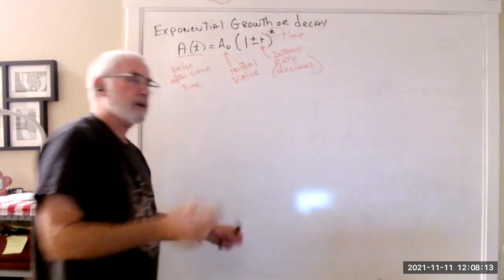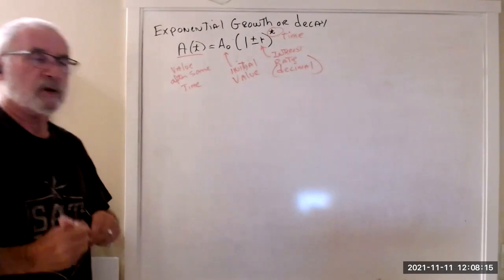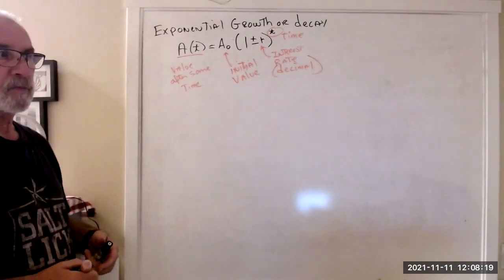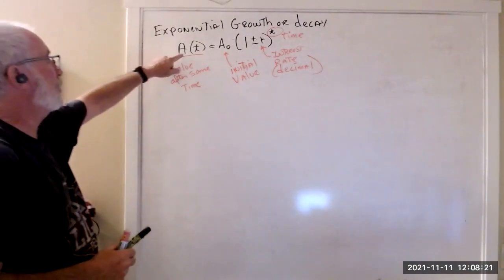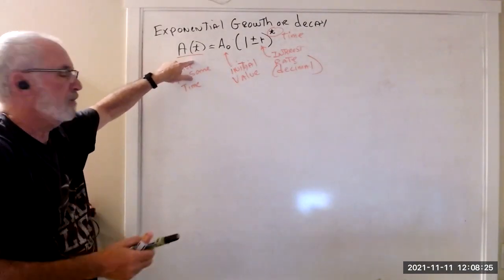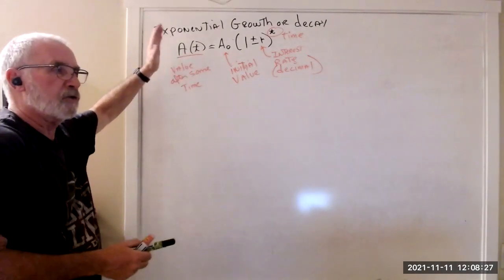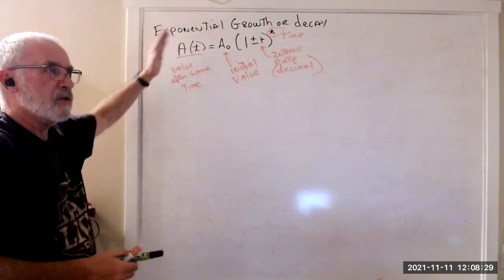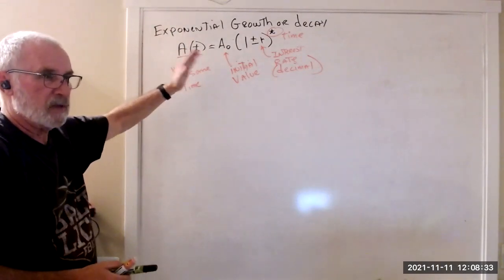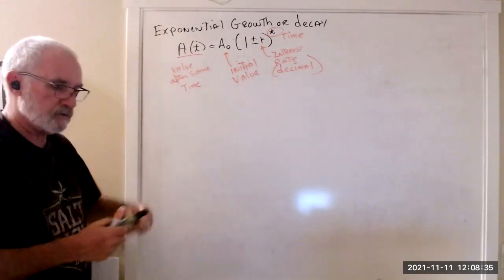Okay, so I'm going to give you that formula, but you have to know what to plug into it. A lot of people keep thinking that this means A times time. No, this is a function. This is A of T, the amount after a certain amount of time. A of T, this is a function of time.